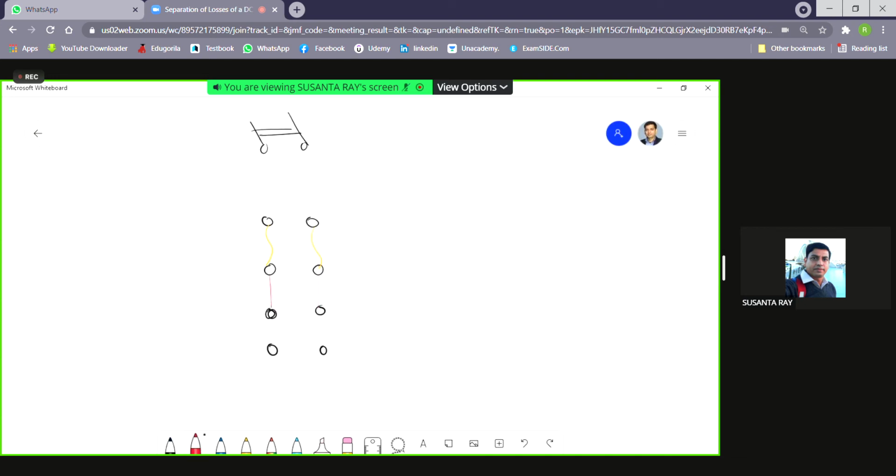Got my point? Two terminals each are shorted, but these are not shorted. Again these two are shorted. So that is the standard connection of our board panels. Here we have the open circuit.